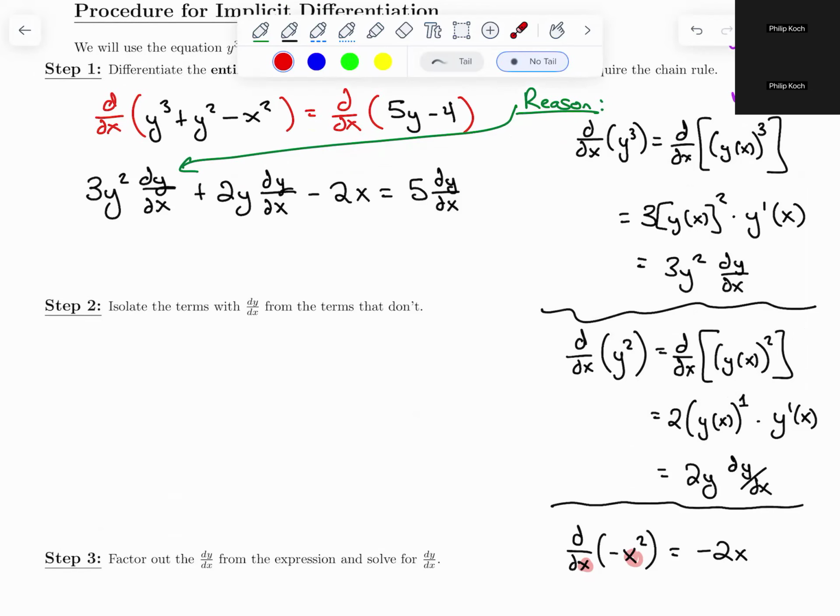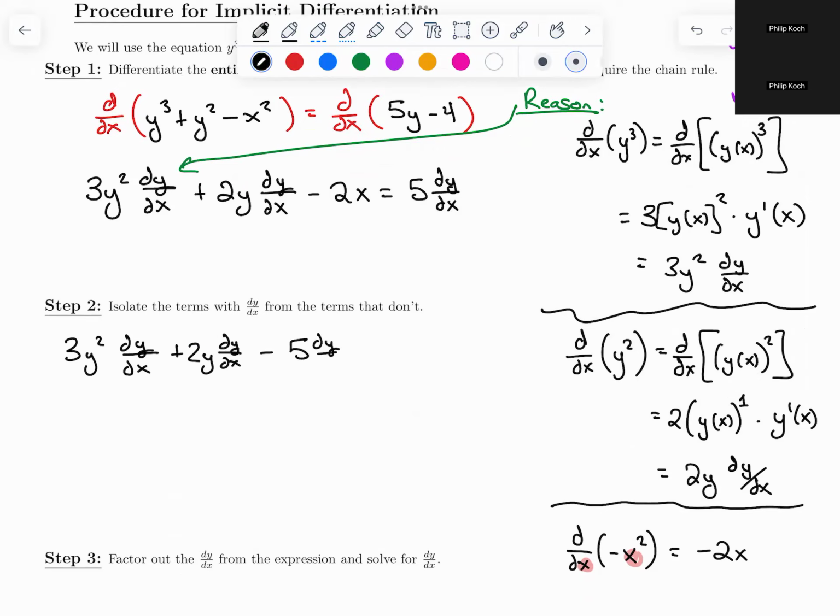I'm going to bring everything to the left-hand side. So we get 3y squared dy dx plus 2y dy dx minus 5 dy dx equals 2x. I brought the dy dx terms to the left, the non-dy dx terms, of which there's only one, the minus 2x. So I added 2x to both sides and subtracted 5 dy dx from both sides.